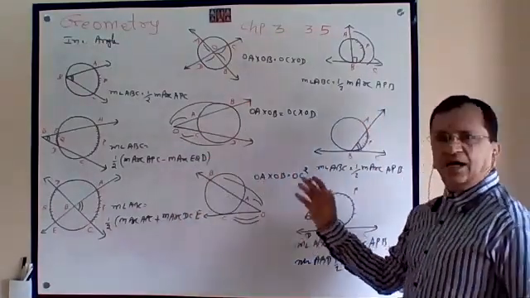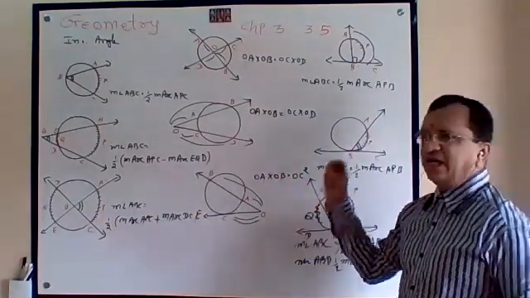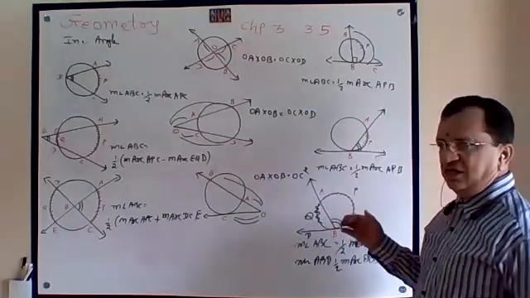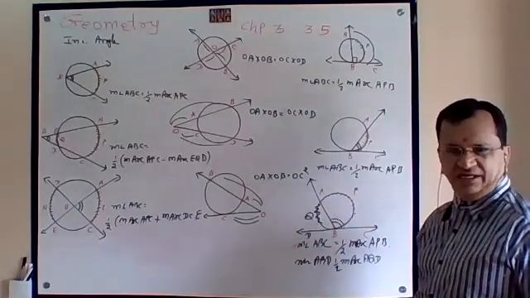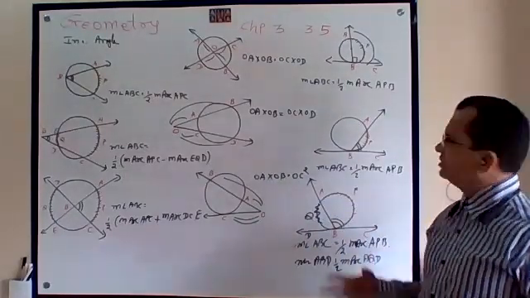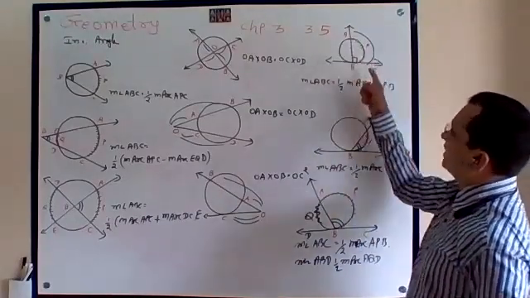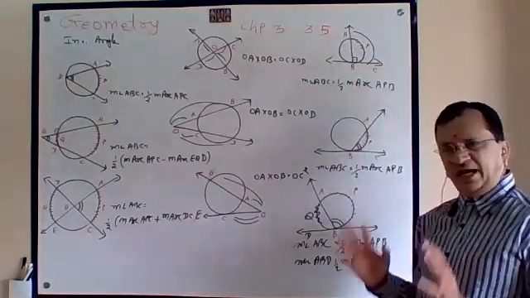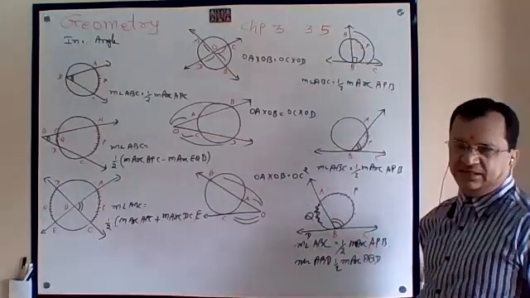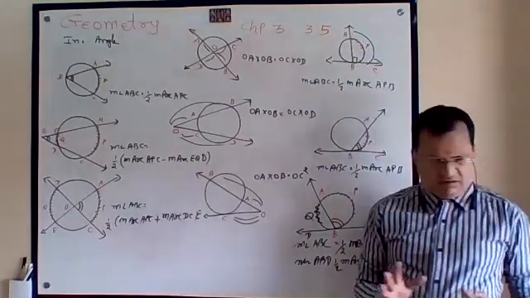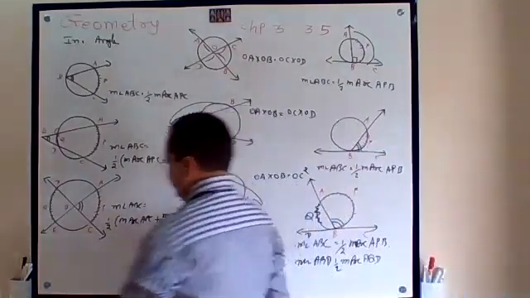These three are on the basis of segments. These three are tangent and secant, on the basis of inscribed angle. So by the angle, whichever arc is inscribed, that angle is half of that arc.